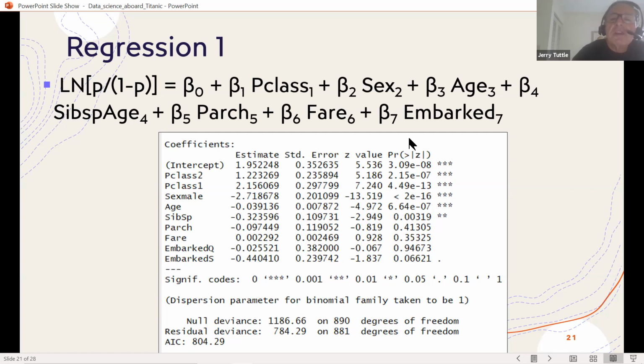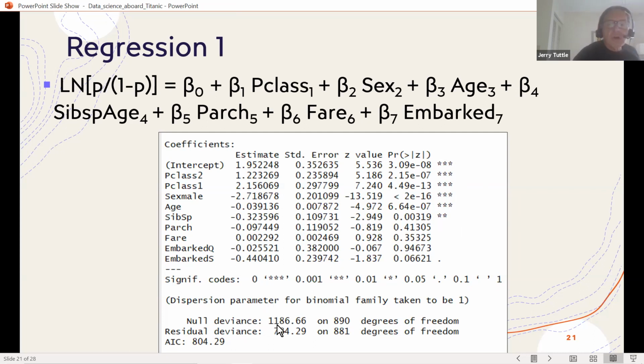And then this is the p-value of the z. So this is the probability of getting a z-value as extreme as this. And then the asterisks are various thresholds on the p-value: 0.001, 0.01, 0.05. So these are the coefficients of the regression model.